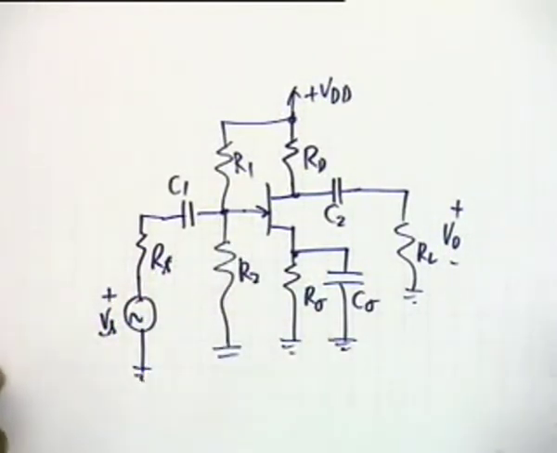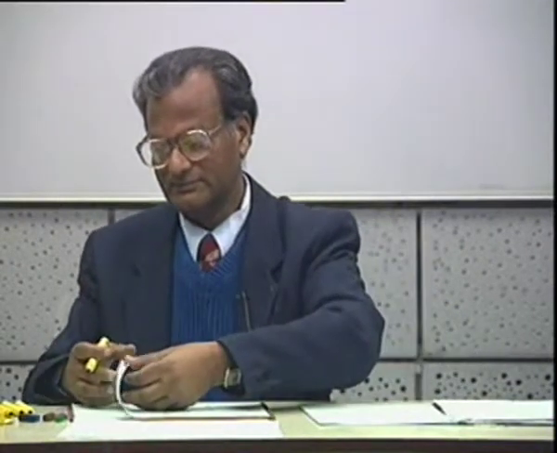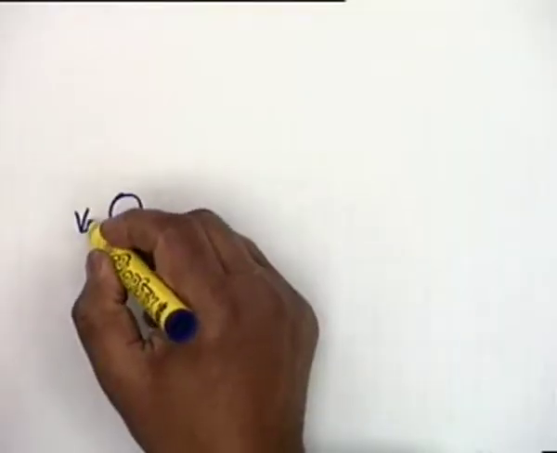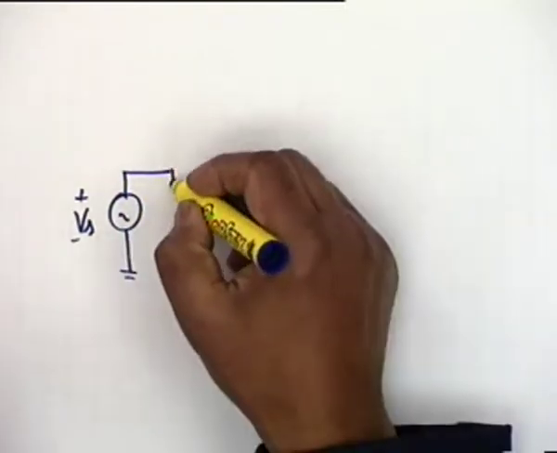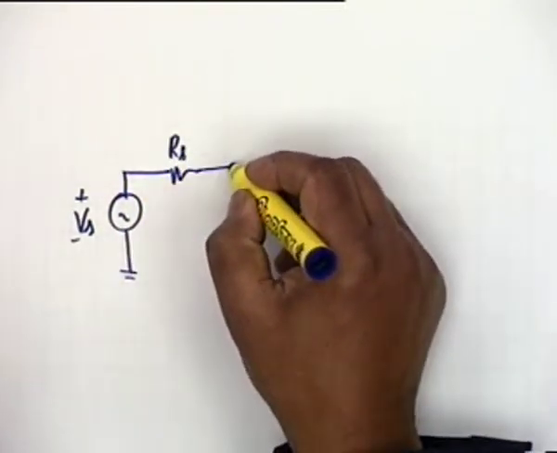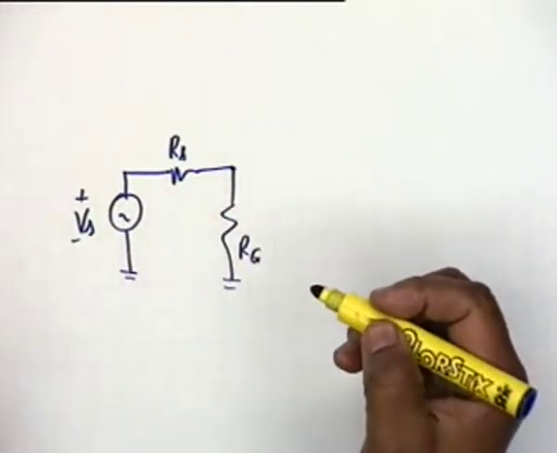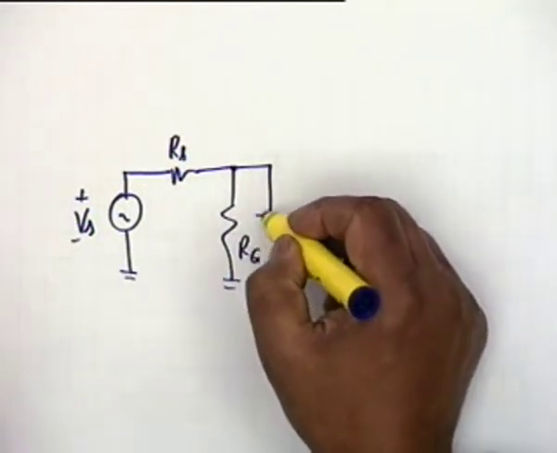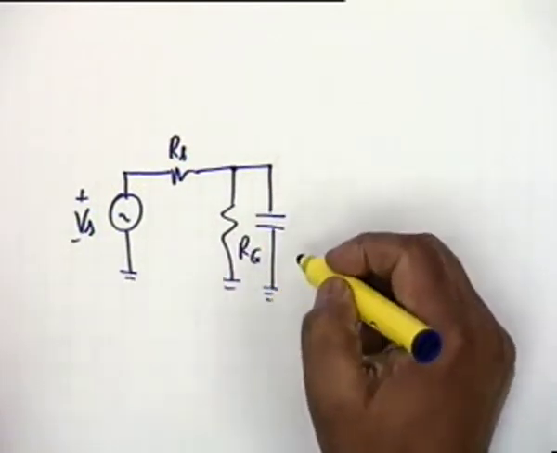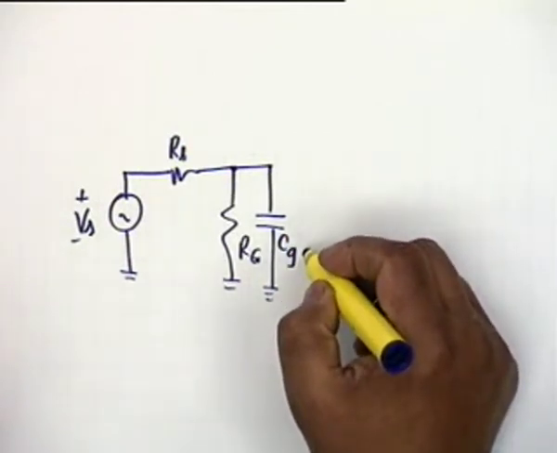Okay, this is the circuit, and the AC equivalent circuit would be VS. C1 is taken as a short, so RS goes straight to R sub G, which is a parallel combination of R1 and R2, and then you have a capacitance of value C GS.